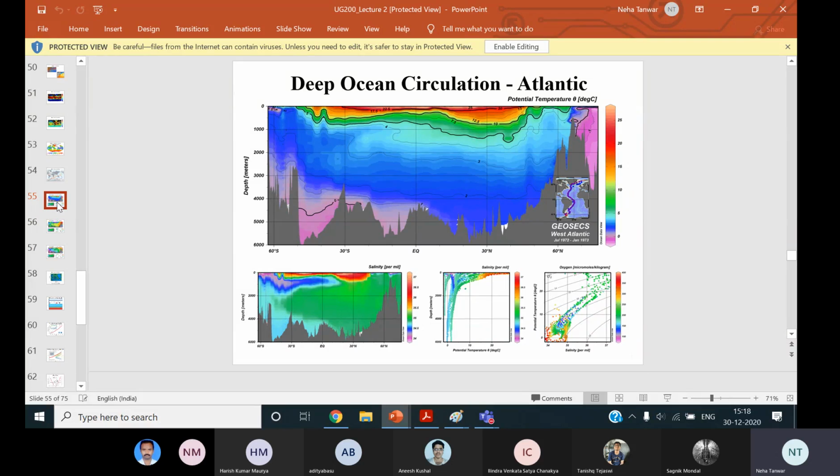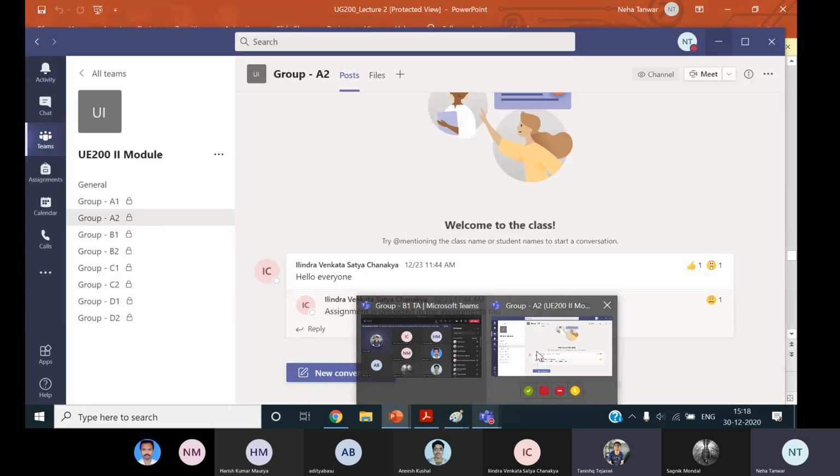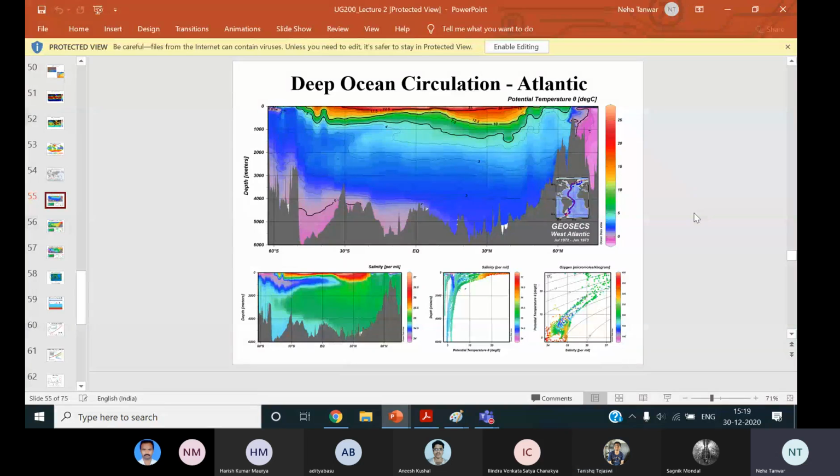Why can we not have deep water formation at the equator? Because deep water is formed when cold and dense water sinks down, which is not possible at the equator.